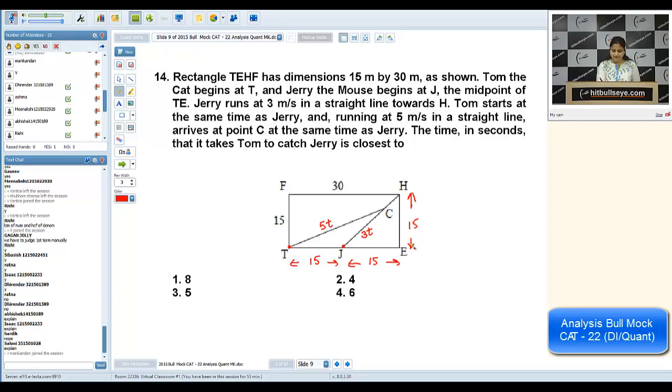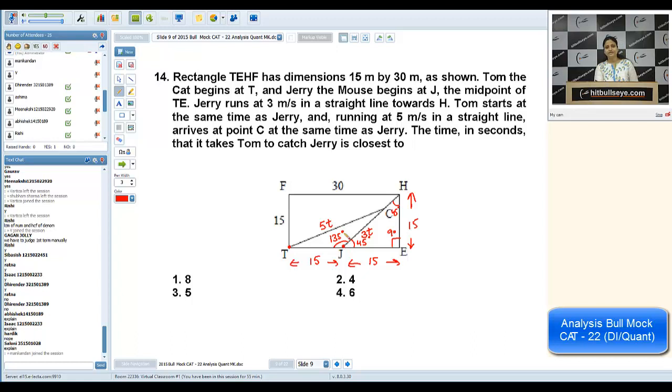Now, if HE is equal to JE, this angle has to be 45 degrees. This angle is 45 degrees. This angle should be the remaining straight line angle, 180 degrees minus 45 degrees, 135 degrees.